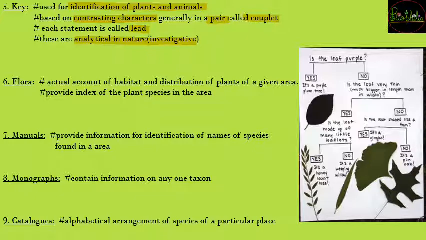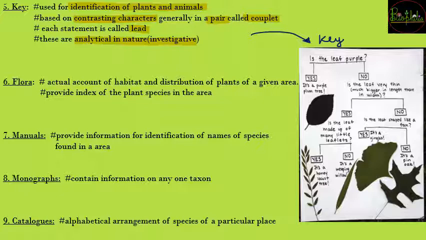So, how can you actually understand this? Is by this adjacent figure. So this is an example of how you can investigate to come to your final result. For example, अगर आपके सामने कोई specimen दिया हुआ है, तो you start asking questions regarding it. For example, is it a purple leaf? If you have the answer yes, then you would get an answer कि ये जो leaf है that is coming from a particular plant.